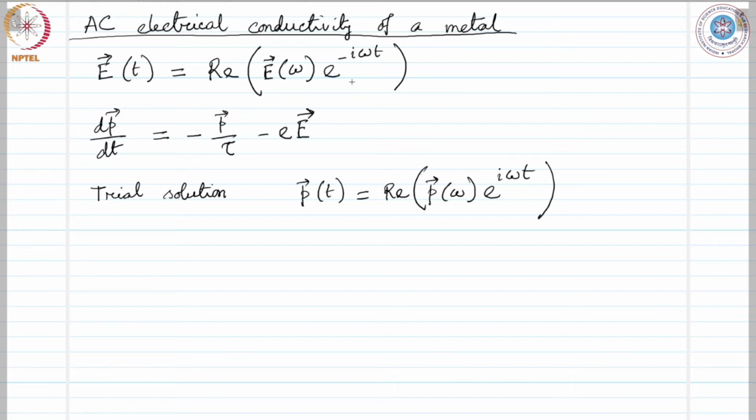So, if we do that, we would find that we must satisfy a condition: minus i omega p omega equals minus p omega over tau minus e E omega, a function of omega.